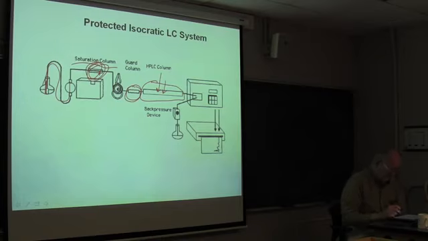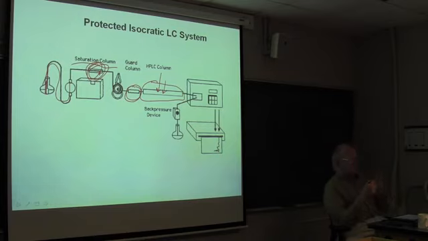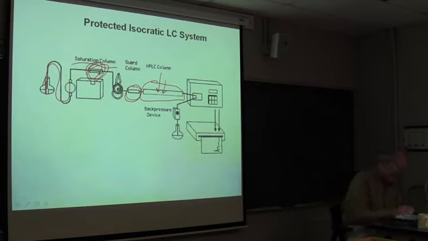Another thing is that pumps don't work well unless there's a certain amount of back pressure. And if you're using big particles in the HPLC column, you often have to put back pressure on the column to make this pumping system work properly.